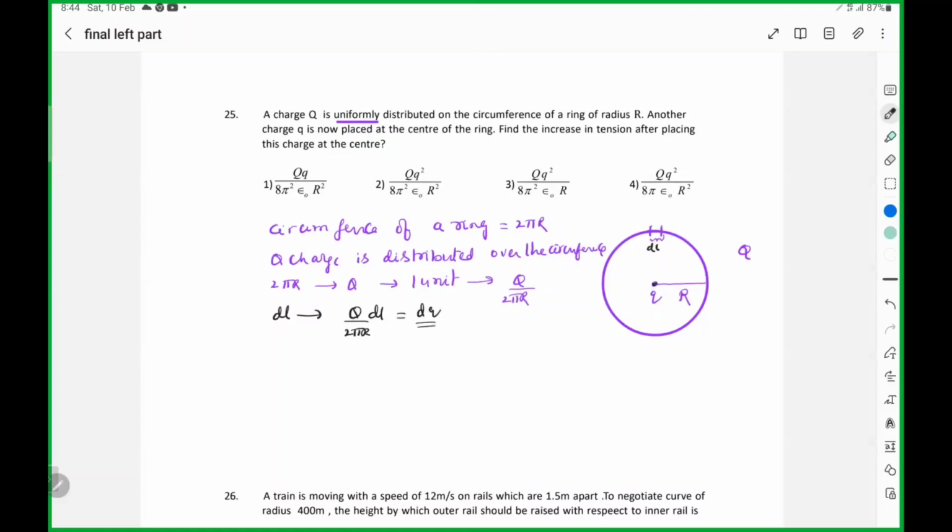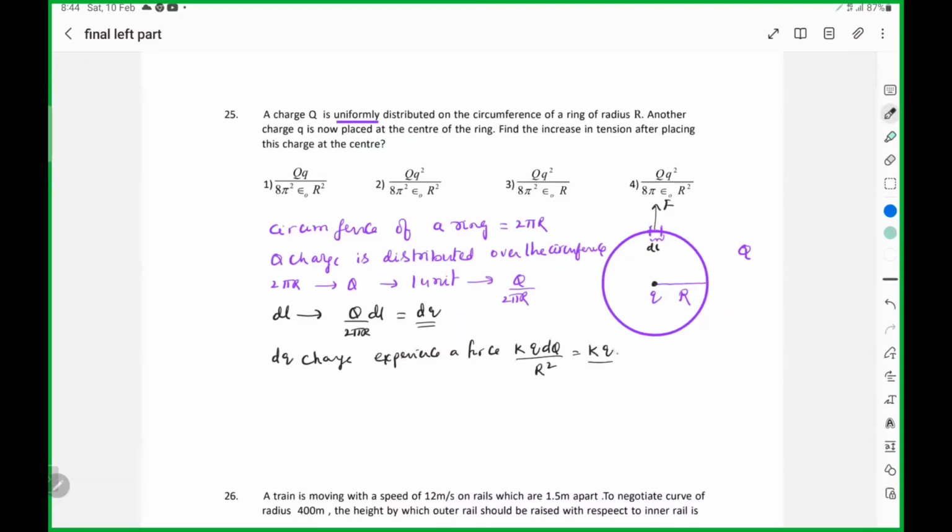So once charge Q is placed here, this dq charge will experience a force k Q dq by r square.